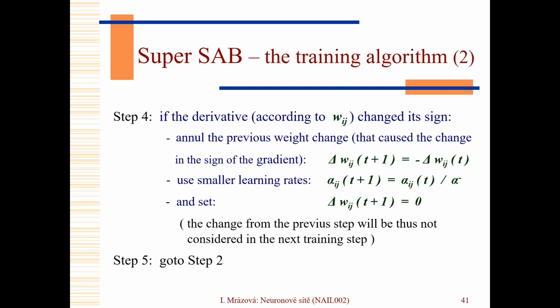In this way, the previous step will not be considered for the next training step that uses the momentum. So it can still use the momentum term, but as the delta change of the weight is set to 0, it won't matter. And the final step 5 is the iterative step. By taking step 5, we will just go to step 2 and iterate further.